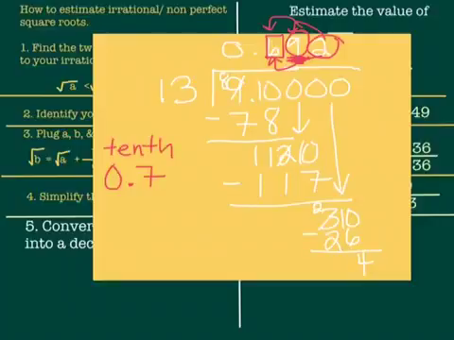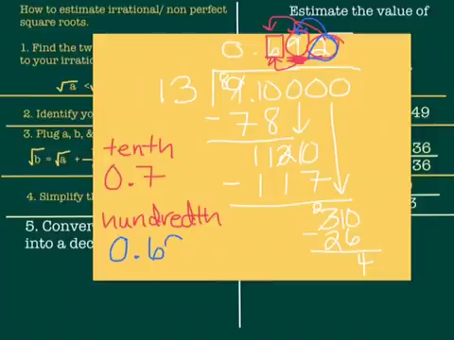If I'm rounding to the nearest 100th, then I look at this 2 right here, and I see, is this 2 a 5 or higher? No, it's not, so this 9 is going to stay the same. So the nearest hundredth is 0.69.